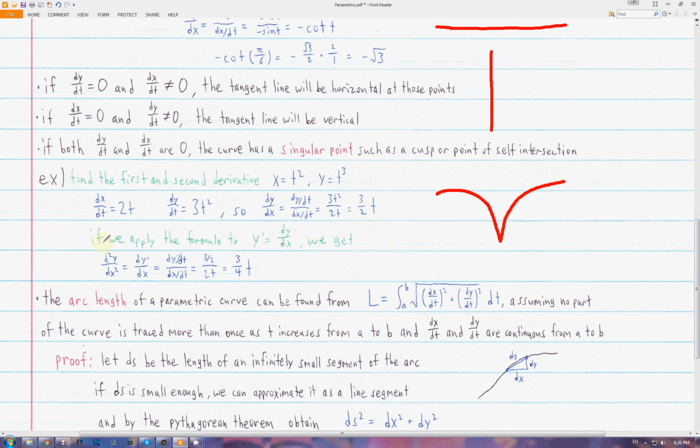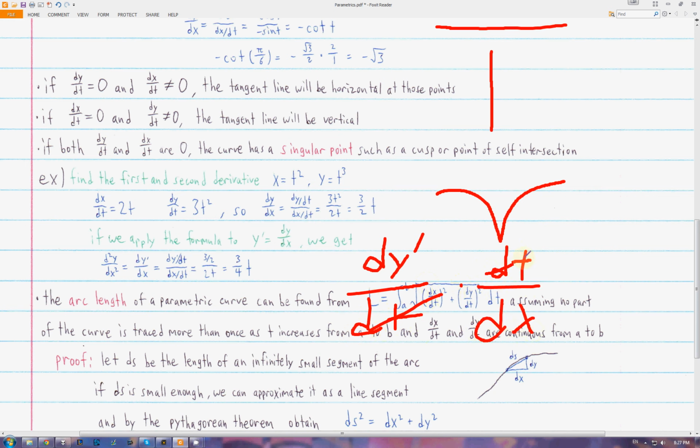For the second derivative, you do dy'/dt divided by dx/dt. If you draw it out, the dt's will again cancel out, and you'll just have dy'/dx. And dy'/dx is just the derivative of dy/dx, in other words, the second derivative.